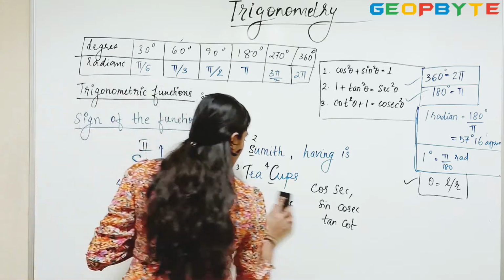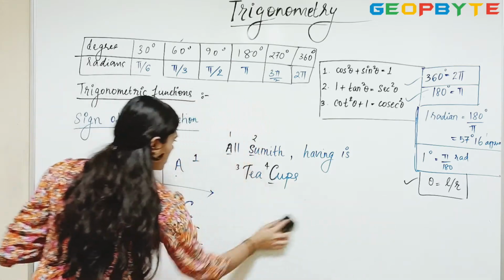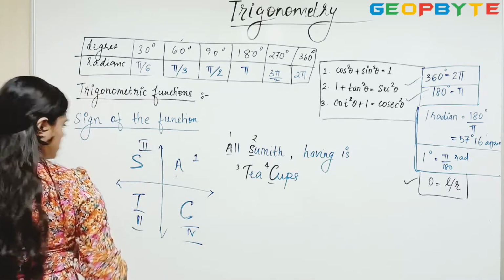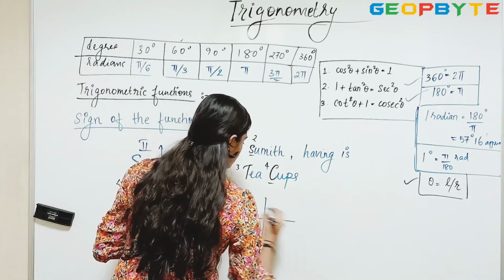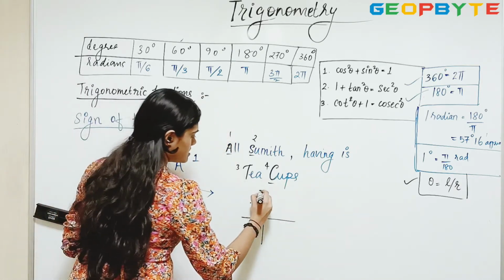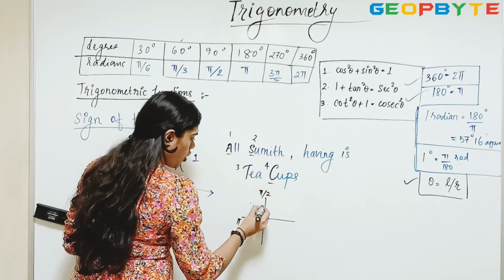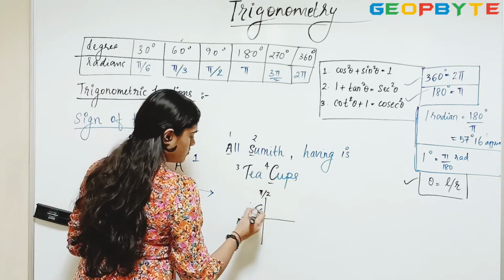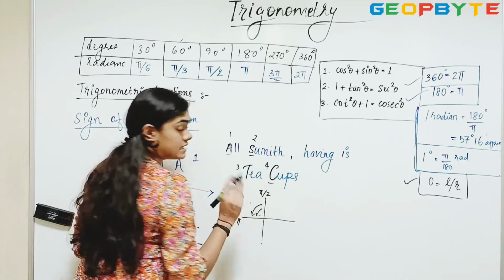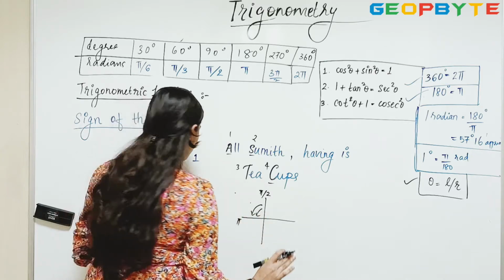Now we come to the second quadrant, between 90 degrees and 180 degrees. Not all values are positive here.